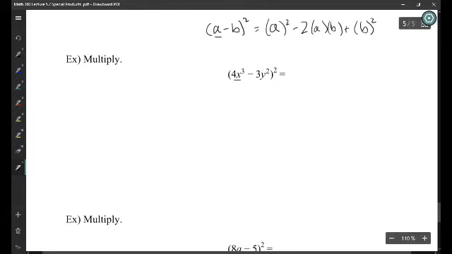That's like our a. So we get 4x cubed squared, and then minus 2 times the first term, 4x cubed, and the second term, 3y squared. And then the last term, 3y squared, squared.